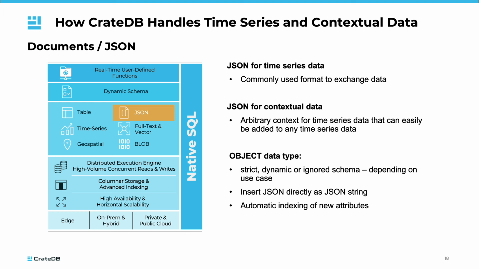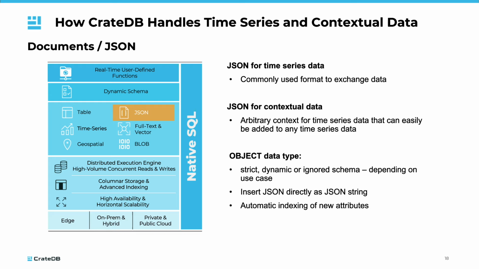CrateDB offers support for JSON. JSON is a commonly used format for data exchange, making it ideal for importing and exporting time series data. It also allows for the storage of arbitrary contextual data, providing additional details that can easily be appended to any time series dataset. This added context can often prove helpful when analyzing patterns and trends.